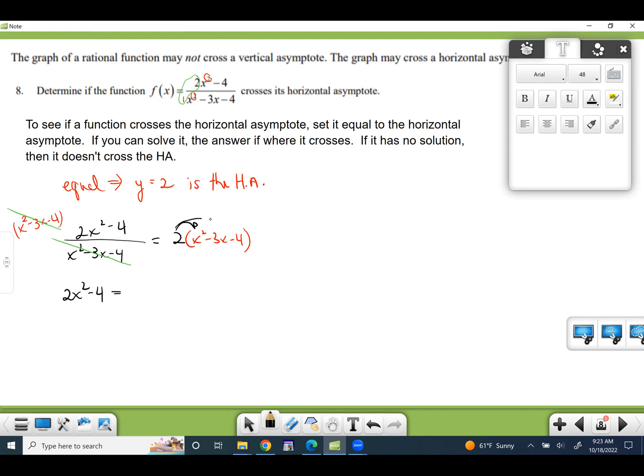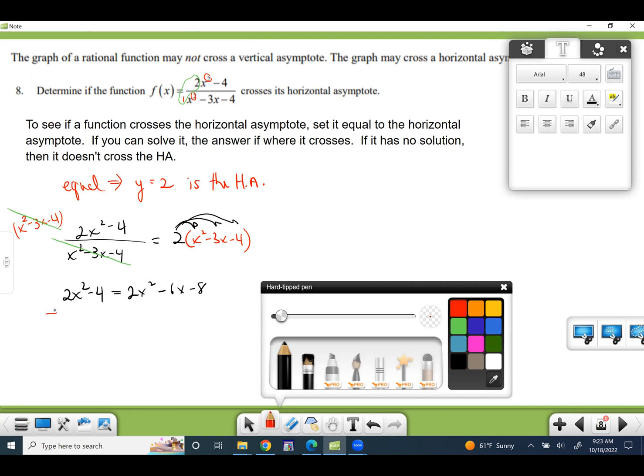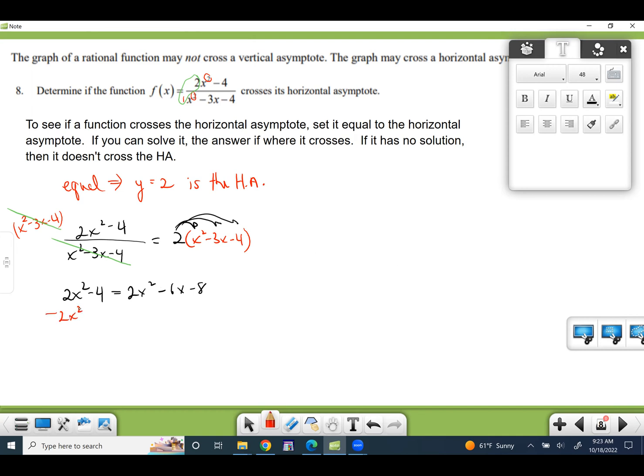I'm going to distribute the 2 in. Then we're going to take away and add, same thing over here, take away and add.